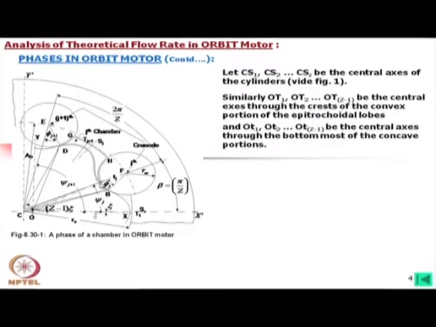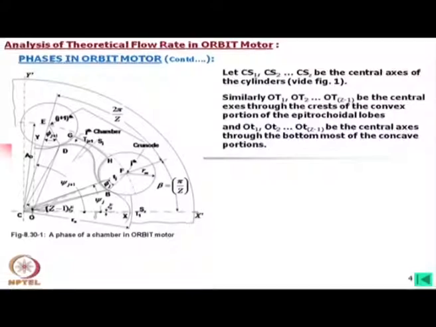We have taken this. Now, while we are analyzing the phases, depending on which line is coinciding with which one, we assign the numbers. This is easy to understand, but in the present analysis, our main concern is to estimate this area at any instant.